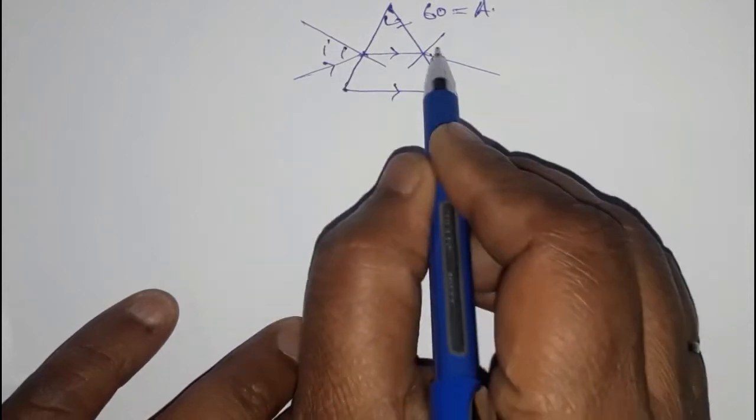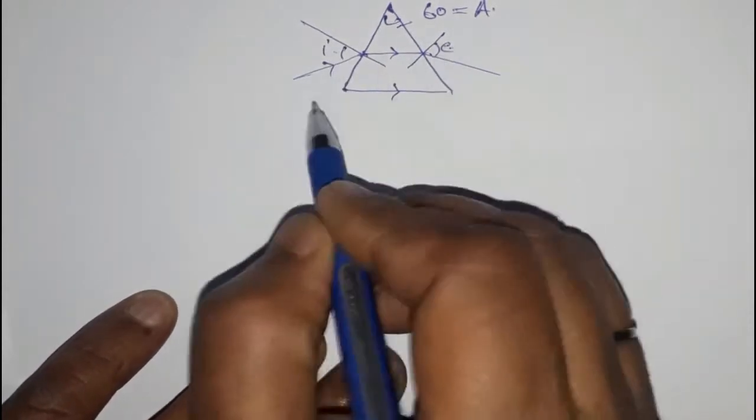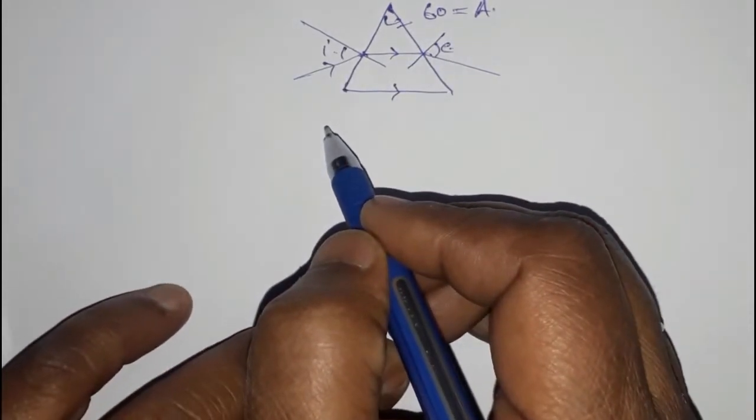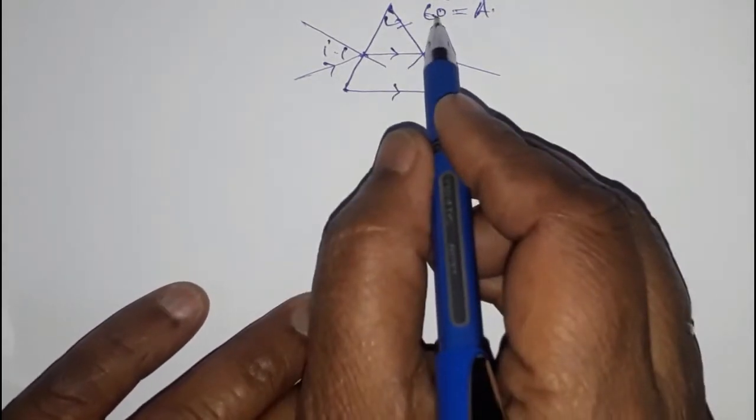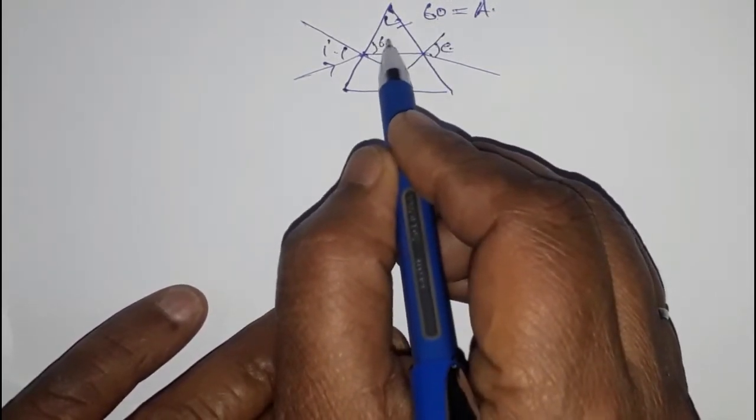This I and this E are also equal. So we have to find the angle of incidence. If this is 60, this is also 60.